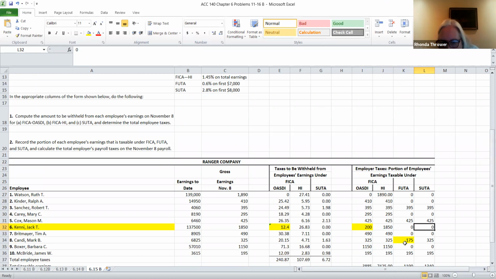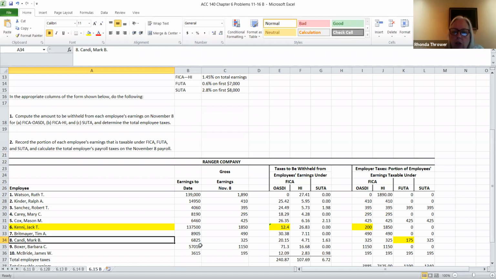Now I've got something highlighted here too, which means that's a little bit special. So I'm going to go on down and talk to you about Candy Mark, whose earnings were $68.25 plus the $325. If you add both of these together, it's going to go over your FUTA base. The FUTA base was $7,000.